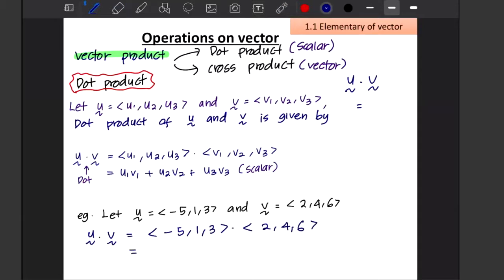Multiply the same components: negative 5 times 2, plus 1 times 4, plus 3 times 6, equals 12. So remember, when you do dot product, the final answer will be a number, a scalar.